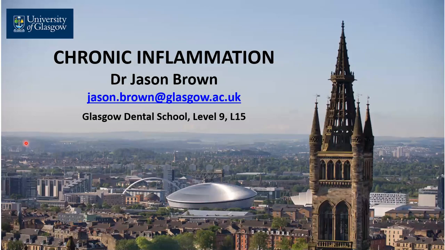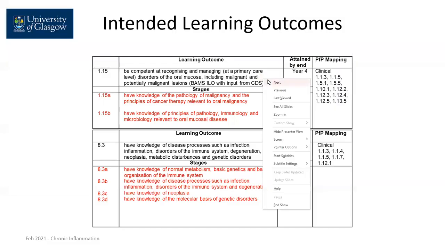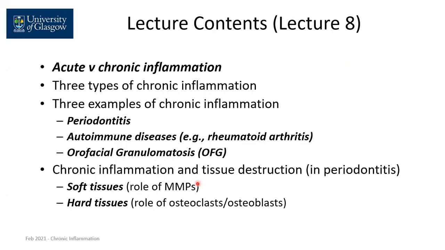Hi, so this is part B of the chronic inflammation lecture. What we're going to talk about in the second part of this lecture is the specific processes that are occurring during chronic inflammation. And we'll talk about what's happening within the tissues, specifically in the context of periodontitis.